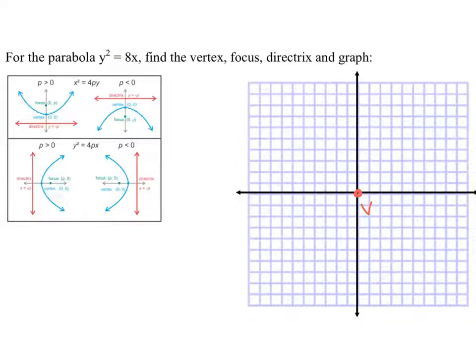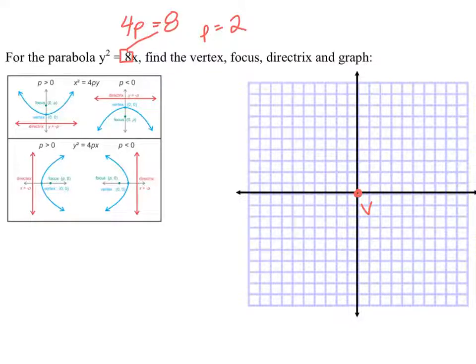So the thing I would look at, using this formula y squared equals 4px, is that 4p must be equal to 8, this number right here. So p is 2. And remember, p stands for the distance between the vertex and the focus.